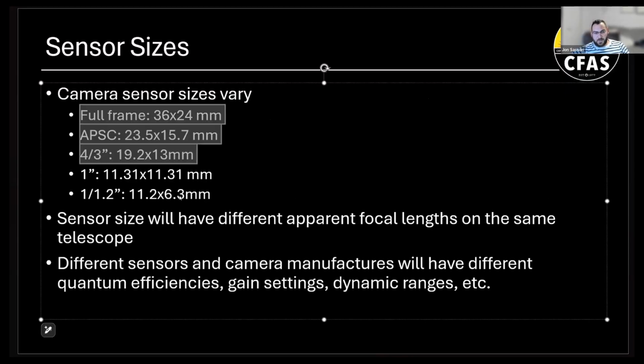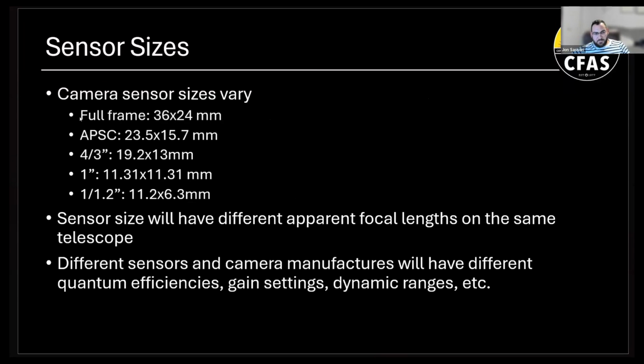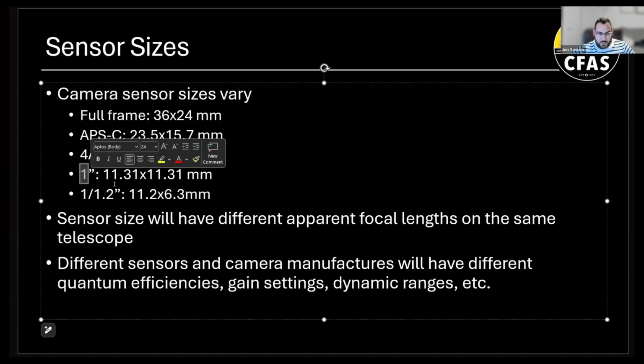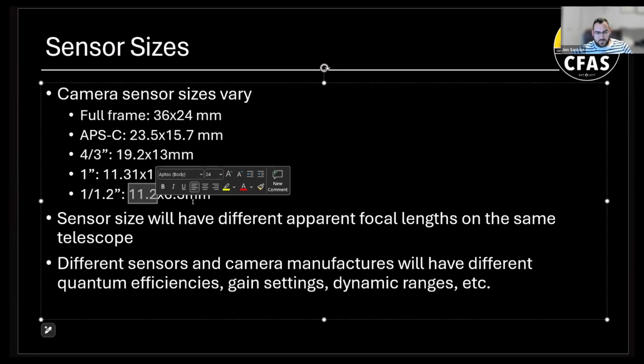So the sensors will have different sizes, where you can have anywhere from a full frame or APS-C to the square 1-inch sensor. Another popular one is this 11 by 6 millimeter, the 585 camera. Again, most of them are Sony sensors.